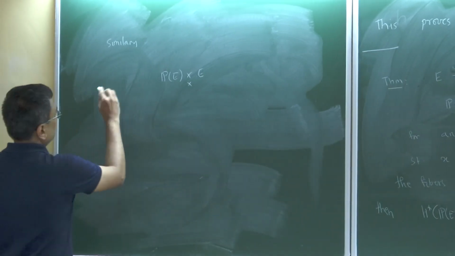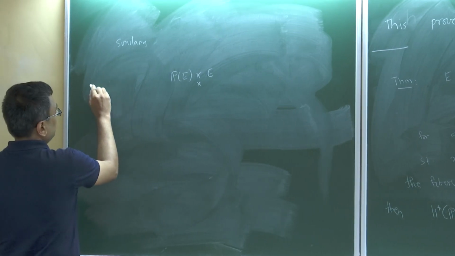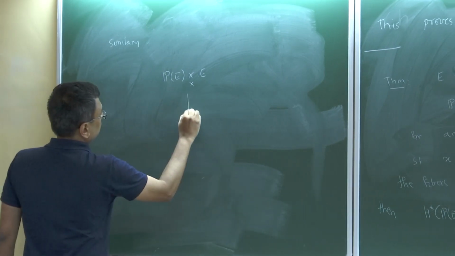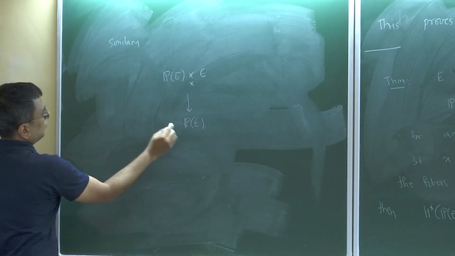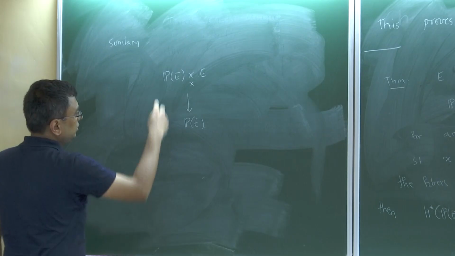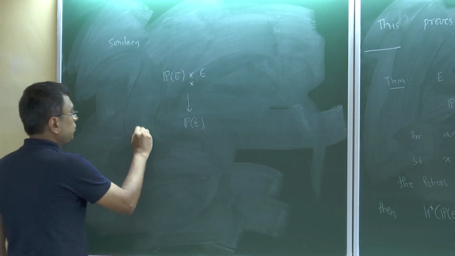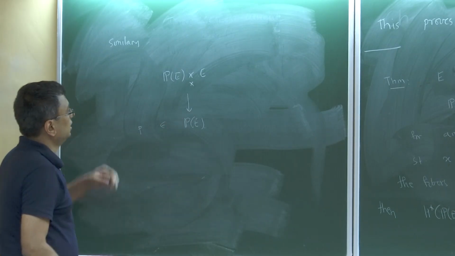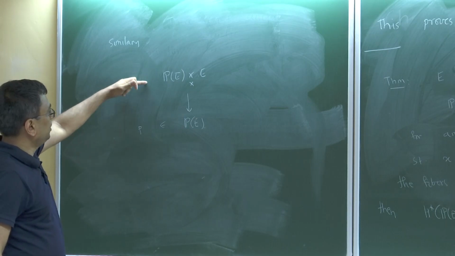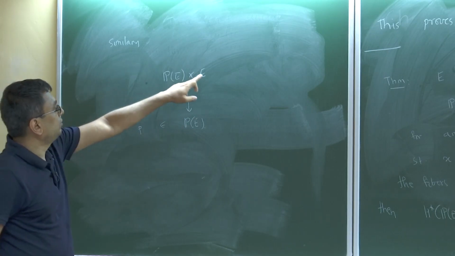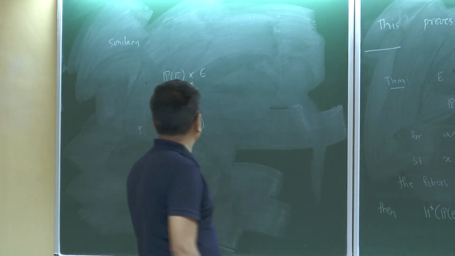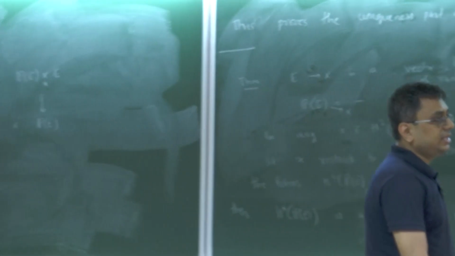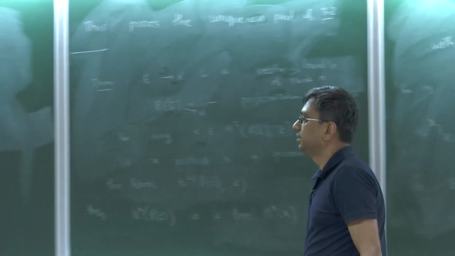So this is the sub bundle, and this maps to P of E. What is its fiber over p? If small p is a point in P of E, the fiber over this, so this is the fiber product over X, has to be a subset of E_p, right?